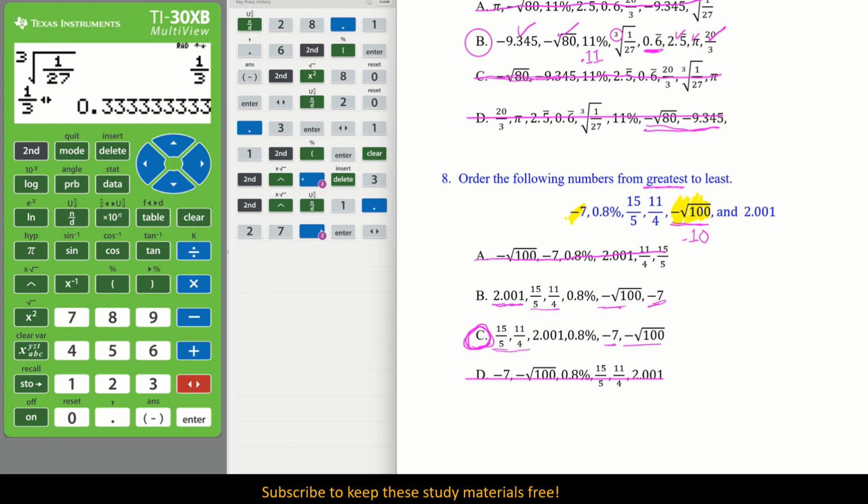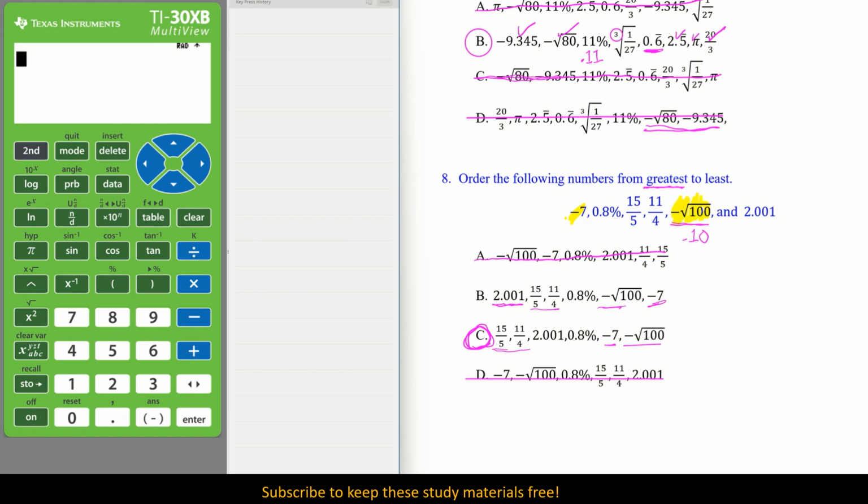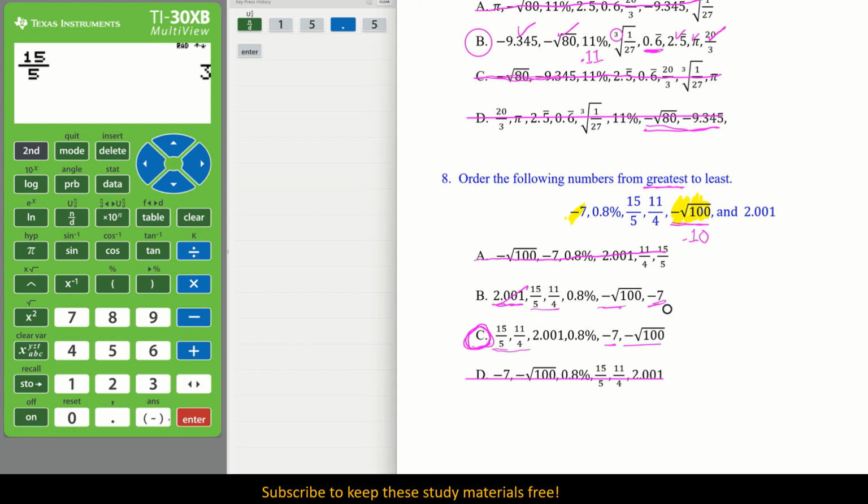I'm thinking we need to put that in the calculator. So let's clear this out, okay? And let's see. Fraction 15, arrow down 5, enter. That's 3, okay? So 2.001 obviously is not larger than 3. So I've already verified that.